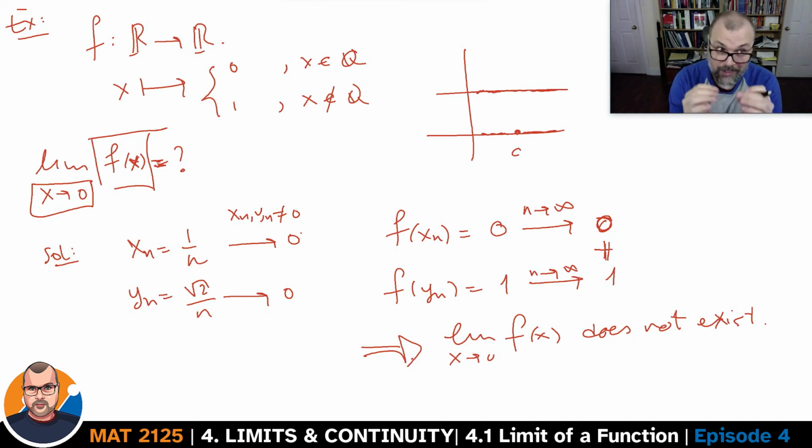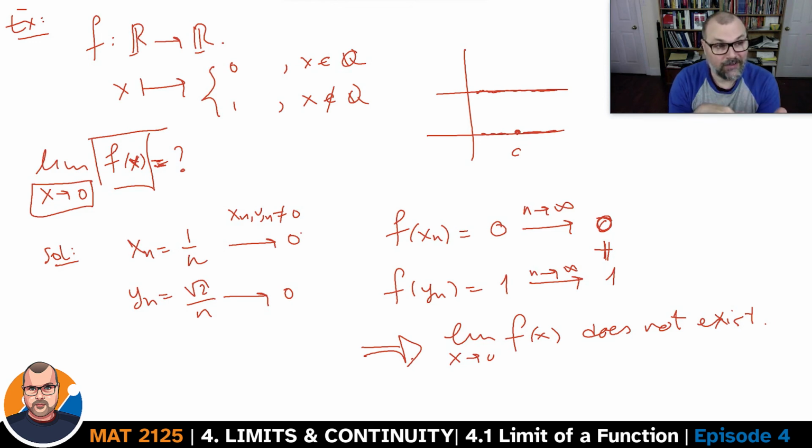So to show that a limit does not exist, it is sufficient to find two sequences which both converge to the limit point in question, but for which the sequences of the values of the function do not converge to the same value L, right? Because we've shown that if a function has a limit at a given point, it has at most one.